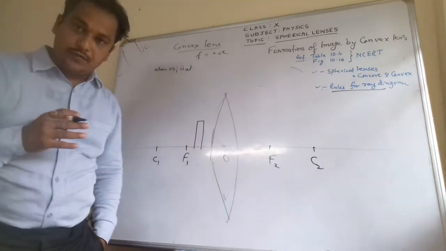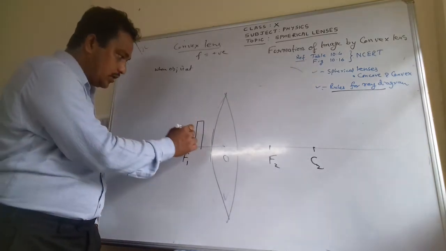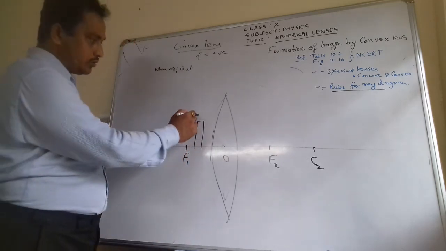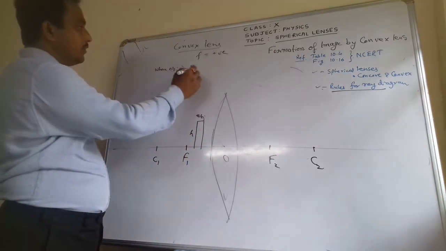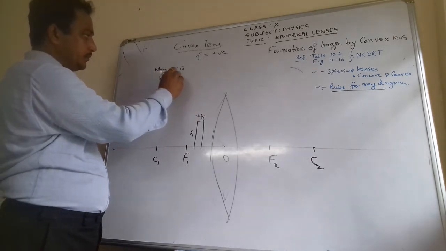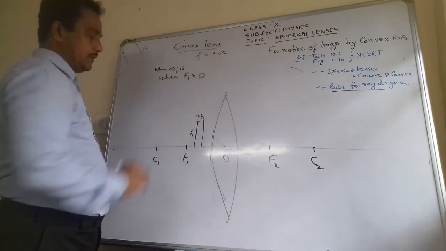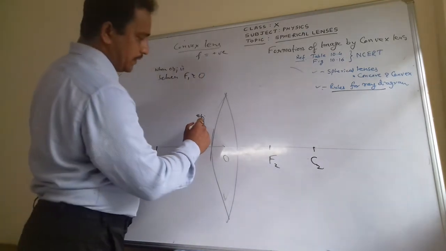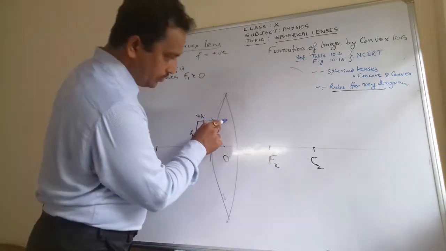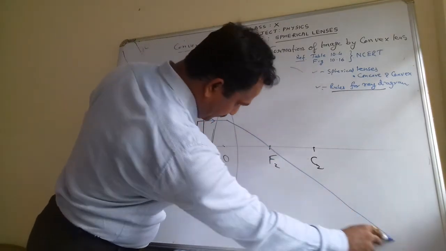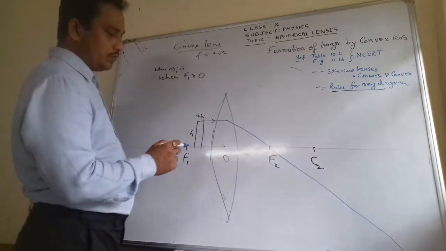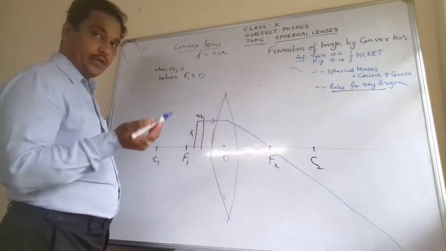So where will the image be formed? This is the object, the height of the object is H. We will apply the rules for this object, which is between F1 and optic center. Now the ray passing parallel to the principal axis will pass through the focus. So draw that. For the other, you will apply the rule: passing through the optic center, it will pass without any deviation.